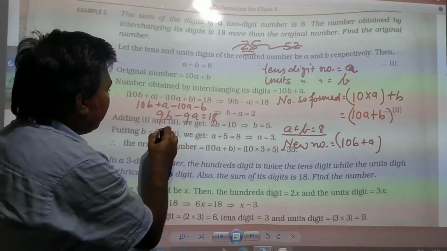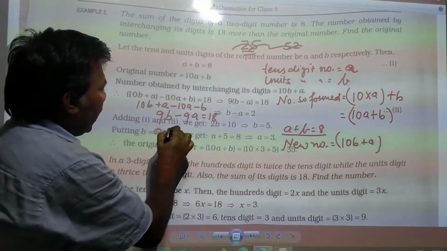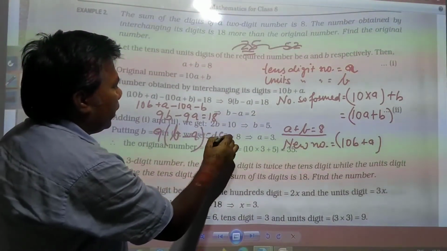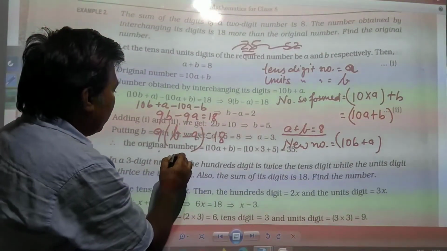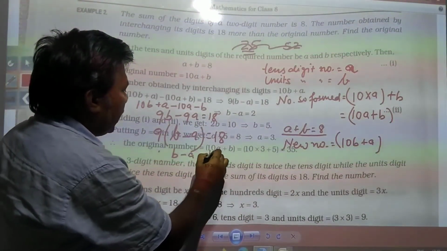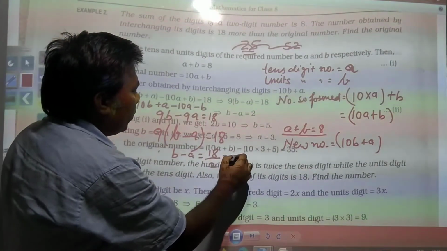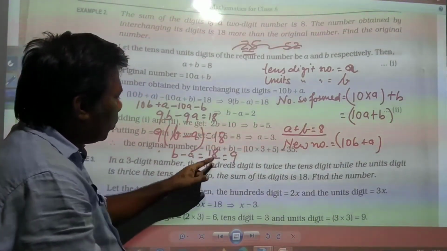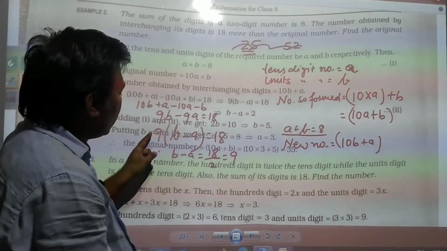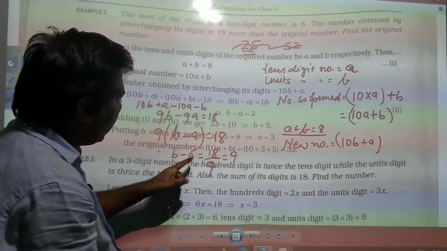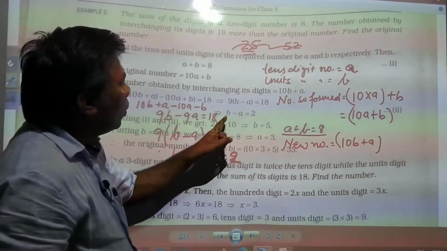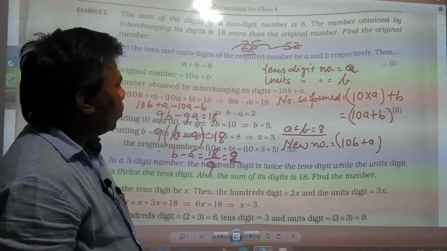Now 9 can be taken out common, and you will be left with b minus a equal to 18 by 9, and you will get 2. So b minus a is equal to 2.